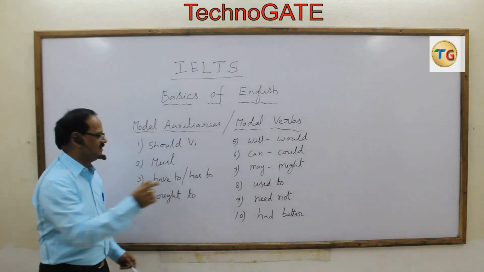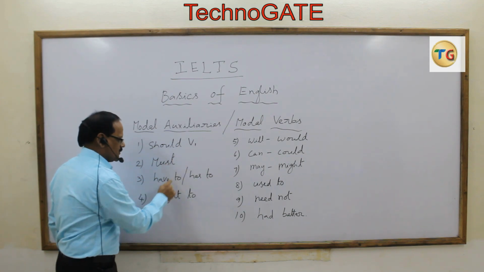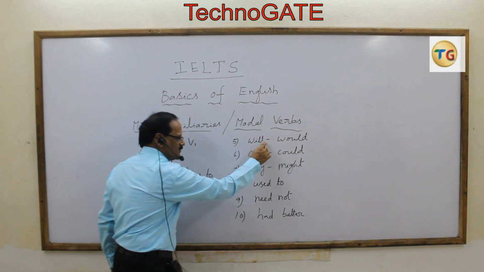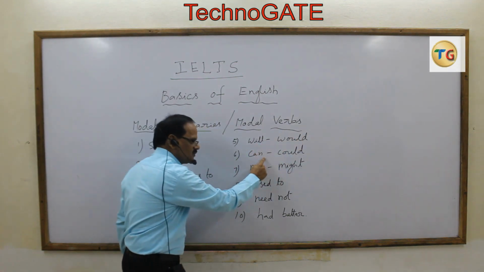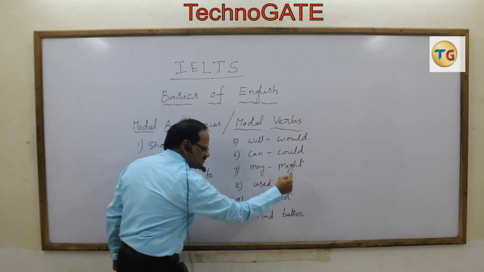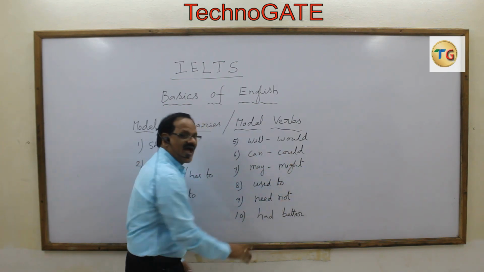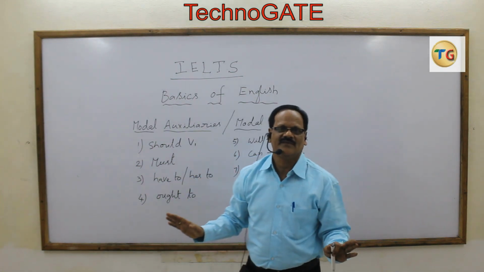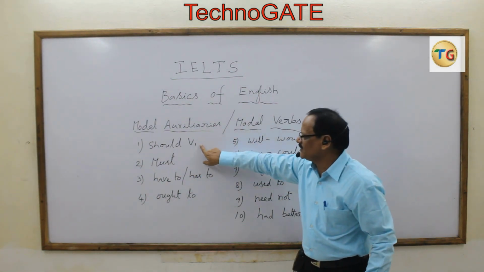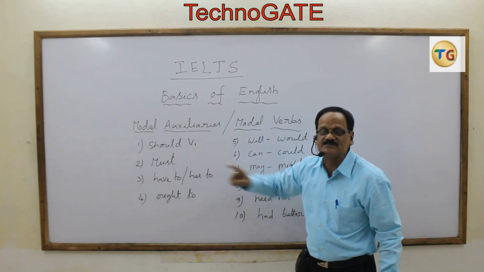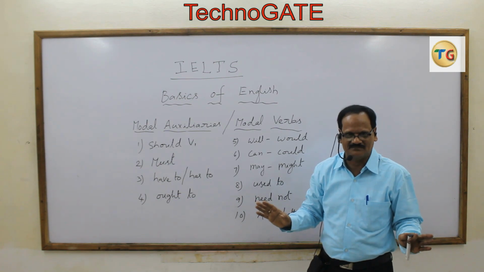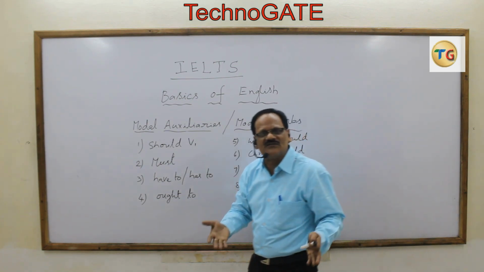For example, should go, must go, have to go, has to go, ought to go, will go, would go, can go, could go, may go, might go, used to go, need not go, had better go. Any action verb you take, V1 only should be used. That means the present form of the verb only. So it's very easy.